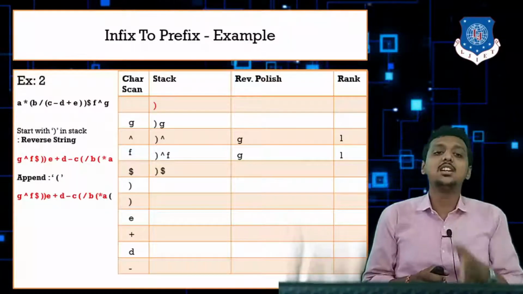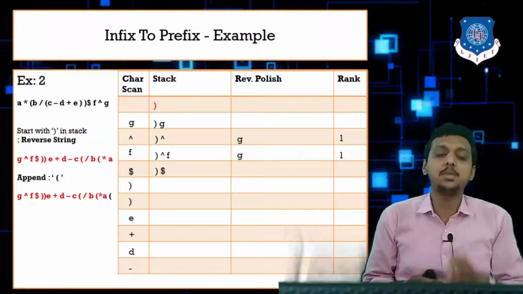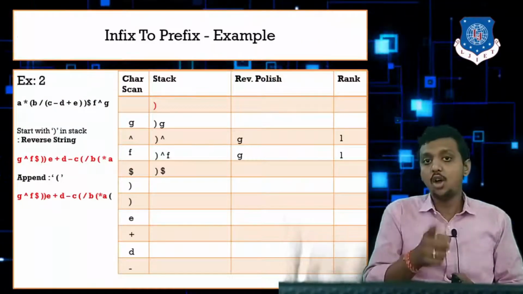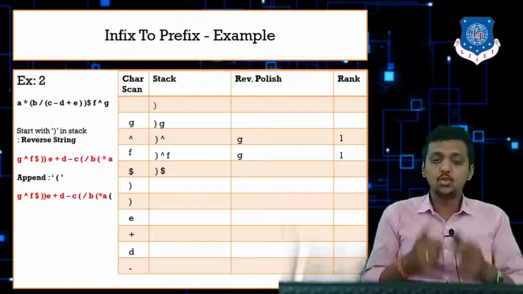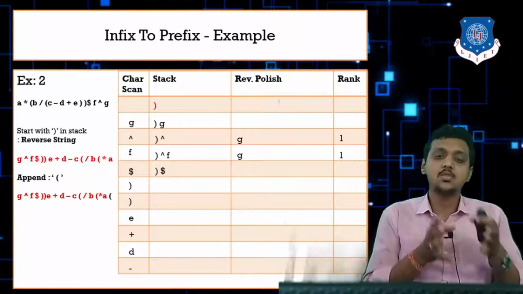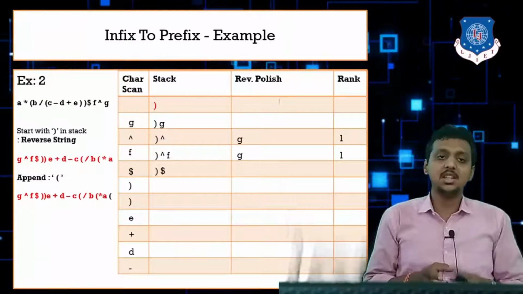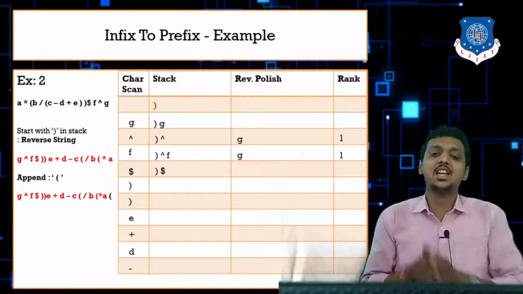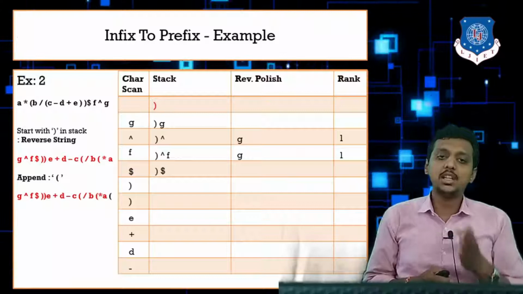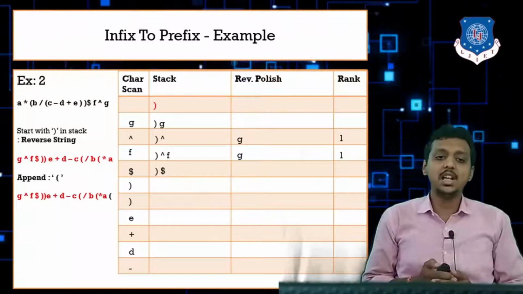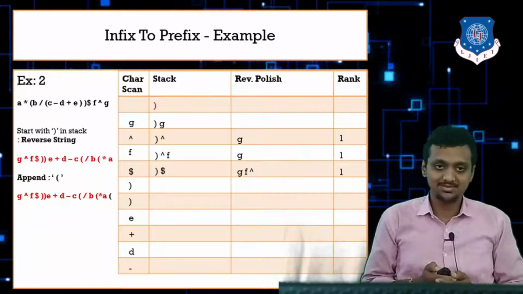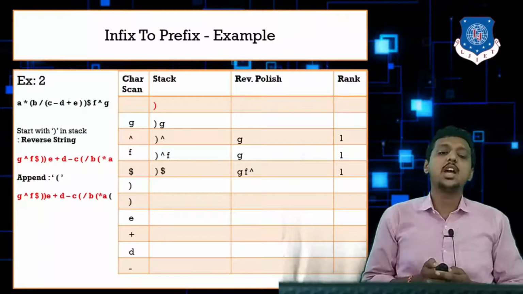The caret also has a higher precedence than the dollar. Just check the precedence table of infix to prefix and you will get a better idea. The exponential operator outside the stack has lower precedence than the exponential operator inside the stack. So F and caret both will be popped out and my final answer is G F caret. Rank remains 1.